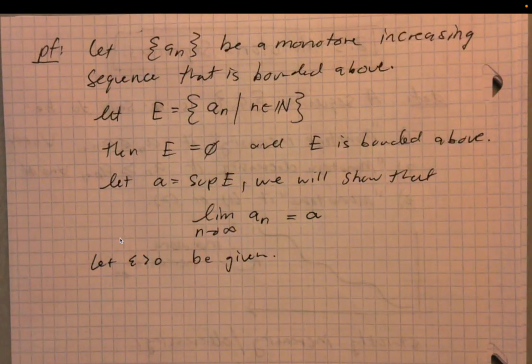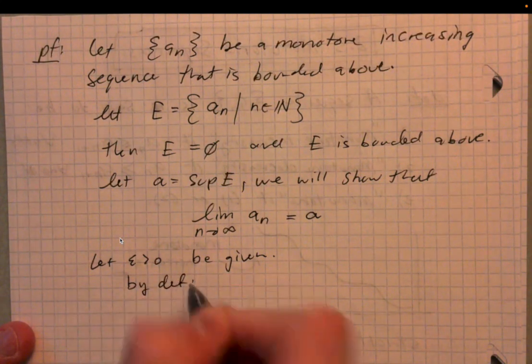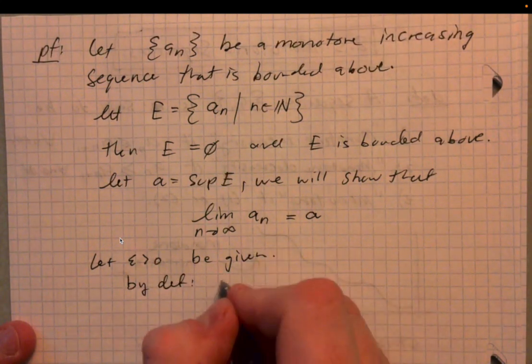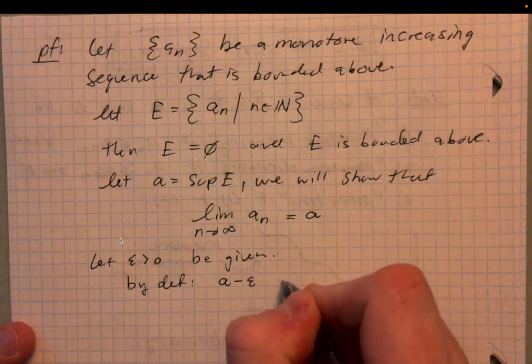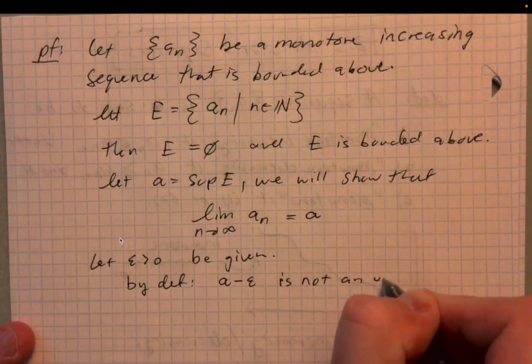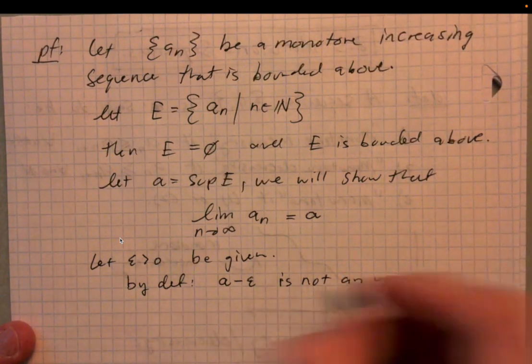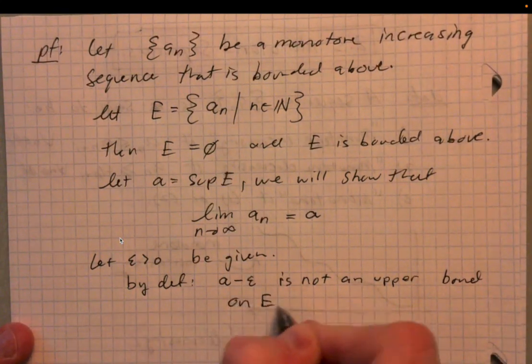Okay, now by definition of a least upper bound, A minus epsilon can't be an upper bound, right? A minus epsilon is not an upper bound on E, right?